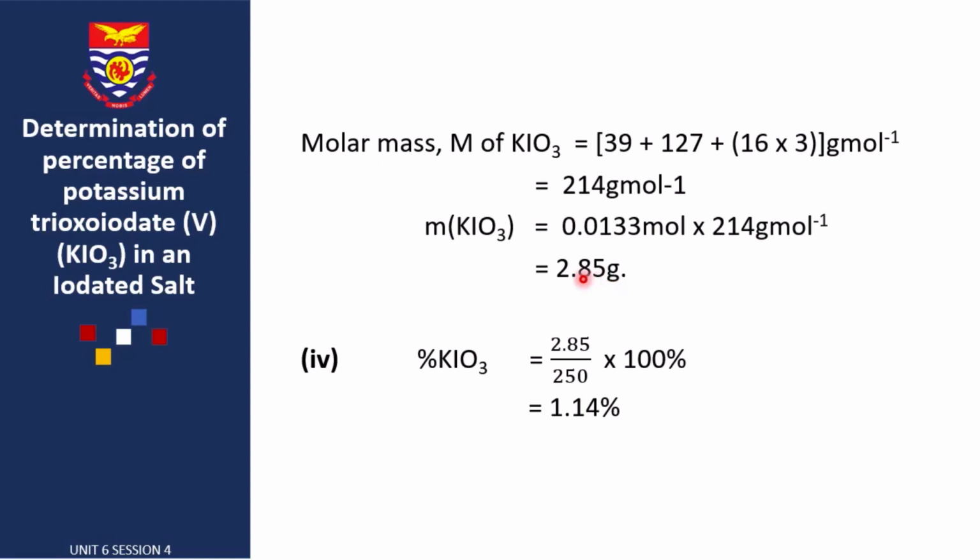And so we can divide the mass of the potassium iodate by the total mass and multiply by 100, and that is going to give us 1.14%. So this is the percentage of potassium iodate in the salt that was used to prepare the solution.